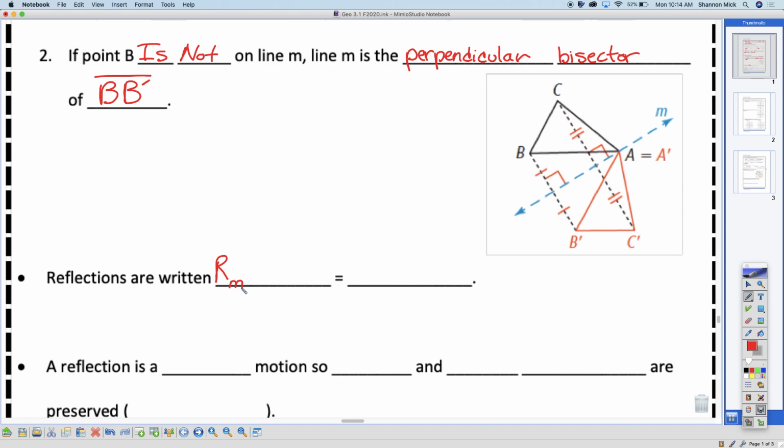Does that make sense? So reflect across line M, triangle A, B, C. And so what you now have is triangle no longer ABC, but A prime, B prime, C prime. Does that make sense? Because our new points would all just have a prime on them since they were the reflection of the original.